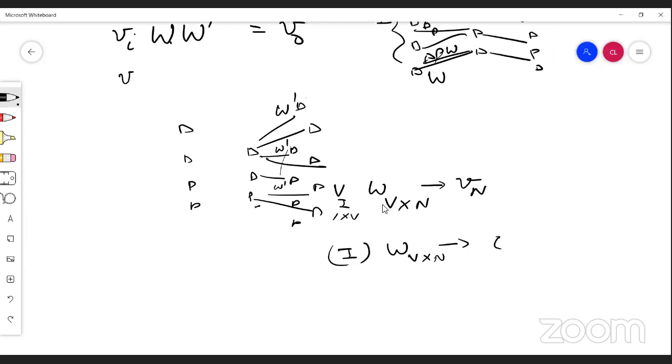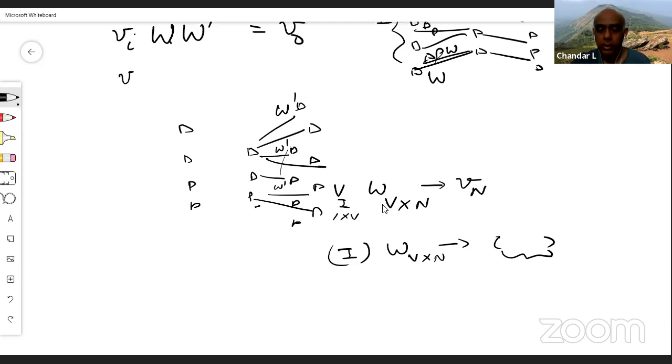Is that clear? This is no longer a one hot encoded representation, it is a dense representation. So once we have W and W dash, we end up having n-dimensional vectors for each one of these words.